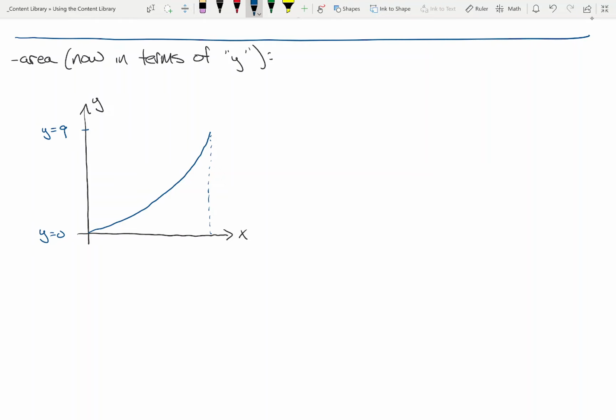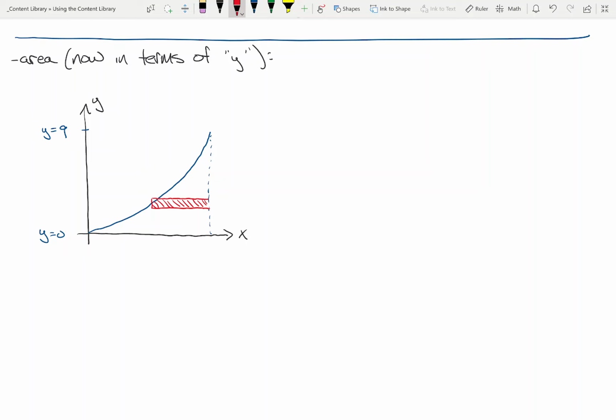So I'm going to see about defining the slice this way, and I've got to do this if I want to get y bar. Let's see if we can do that.